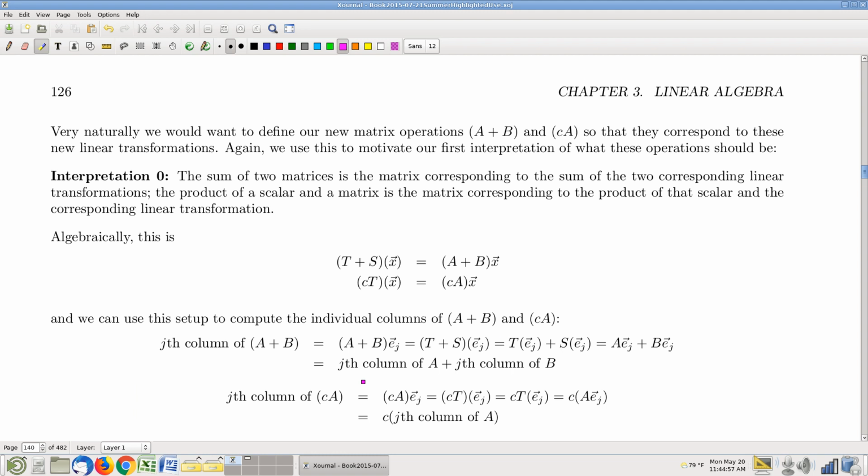So I'm going to compute now what the sum of two matrices had better be.